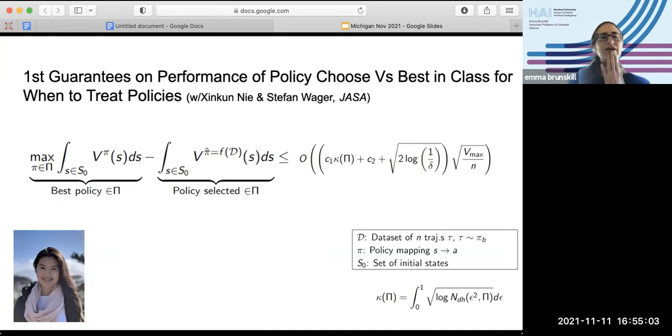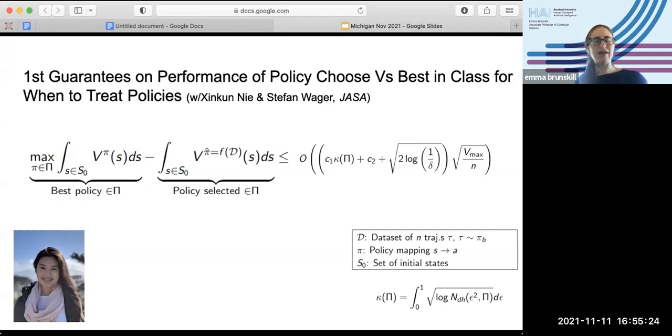To my knowledge, we have the first guarantees on performance of the best policy you choose in the class in this setting. That was really exciting, but it only worked with a finite set of decision policies, which wasn't too bad in this setting. But in general cases, it's still very open how to do this.